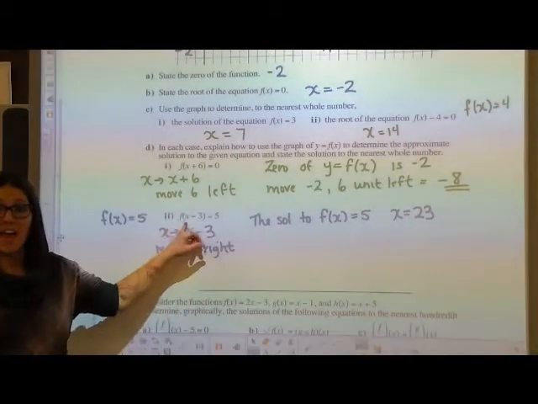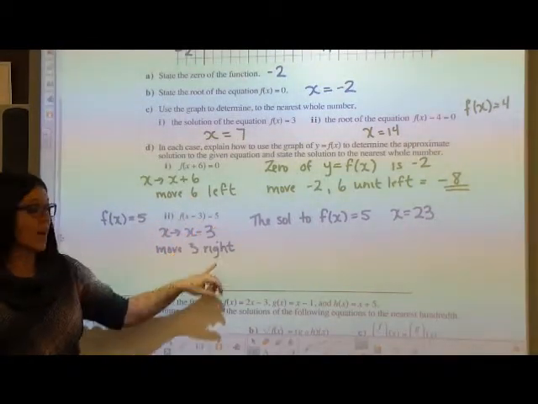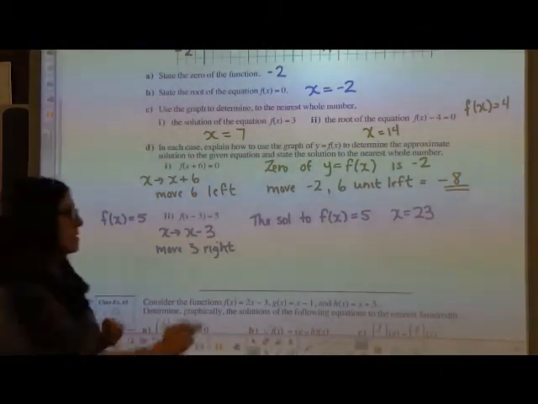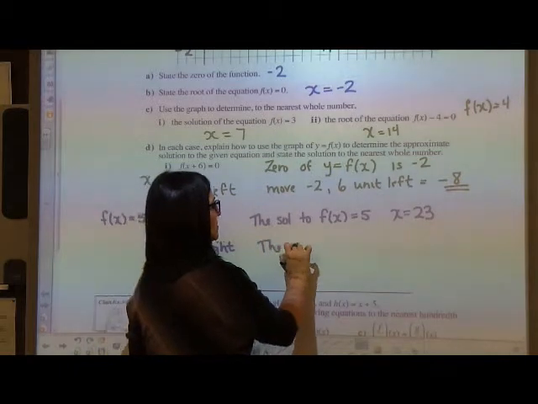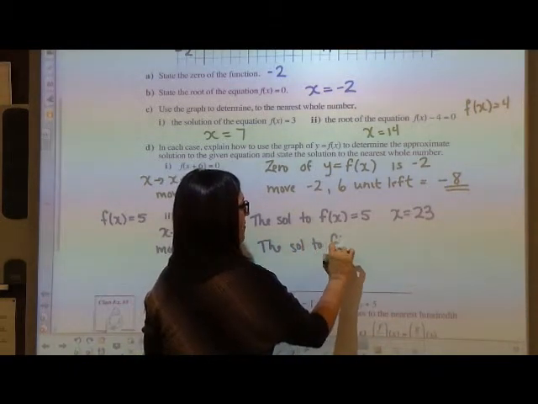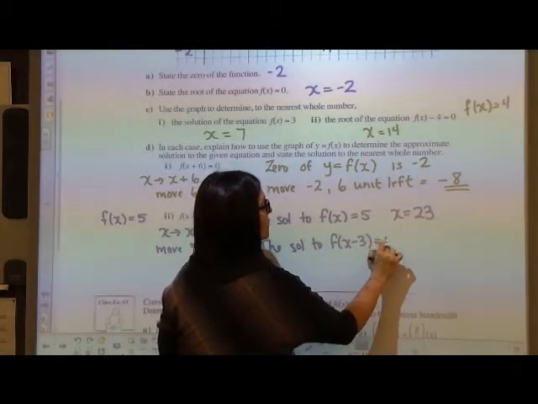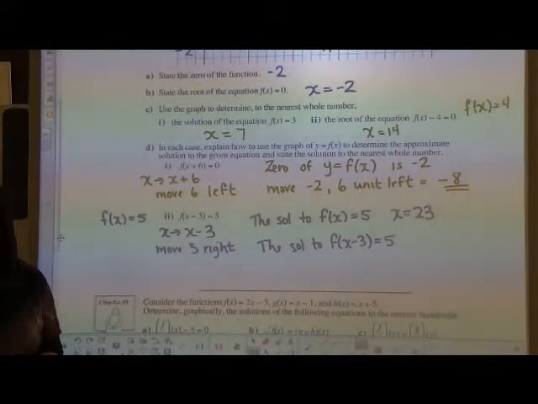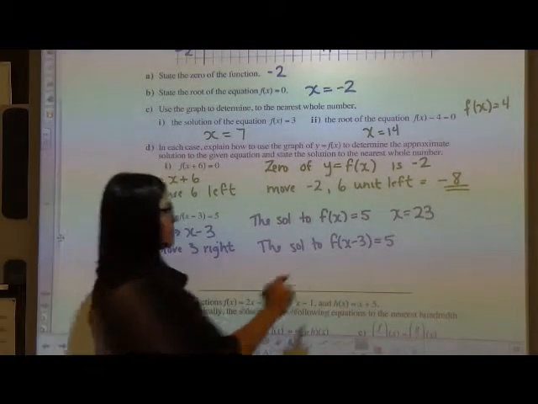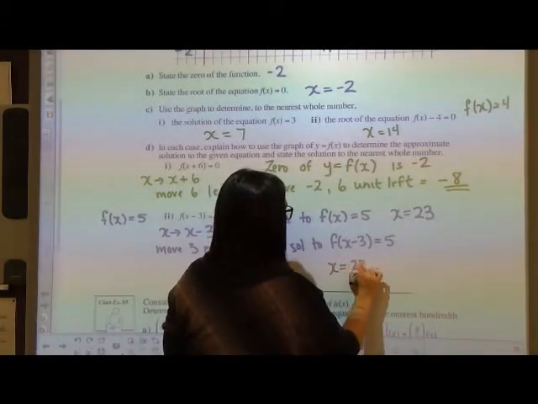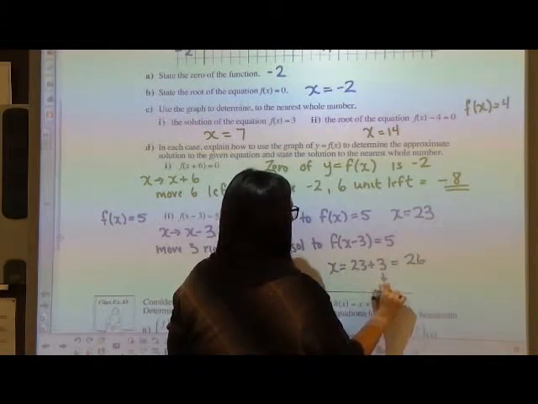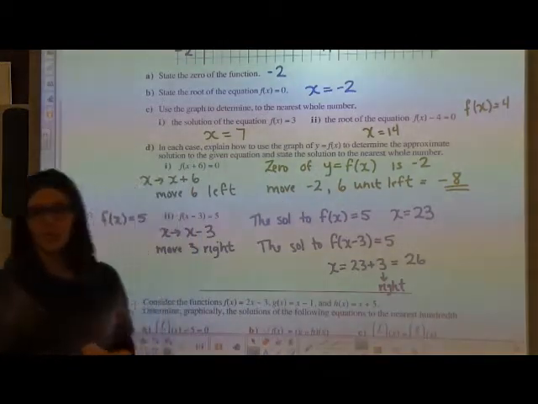So the solution to f of x minus 3 equals 5 means I would move the solution 3 units to the right. So the solution to f of x minus 3 equals 5 would be what? 26. Because I would add 3 to go to the right.